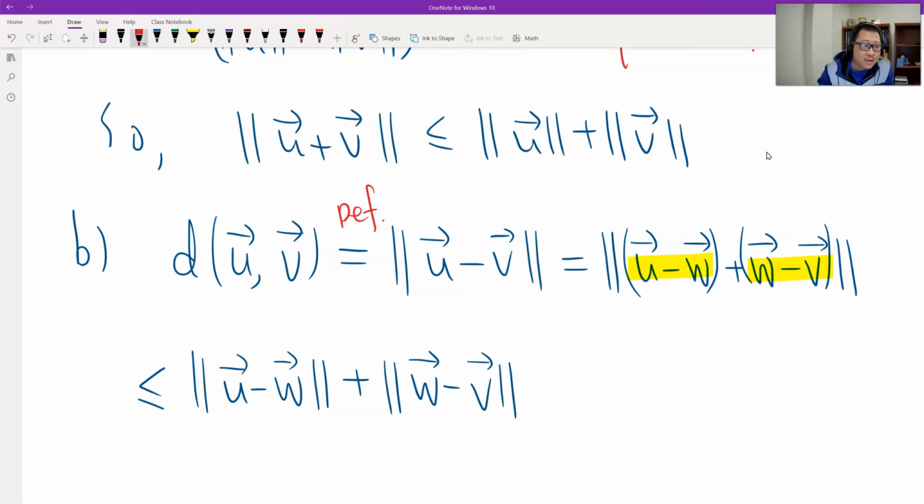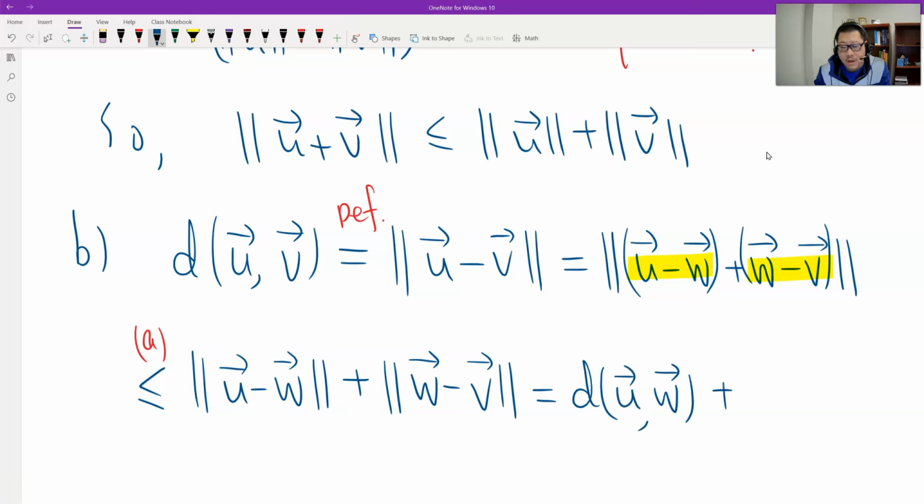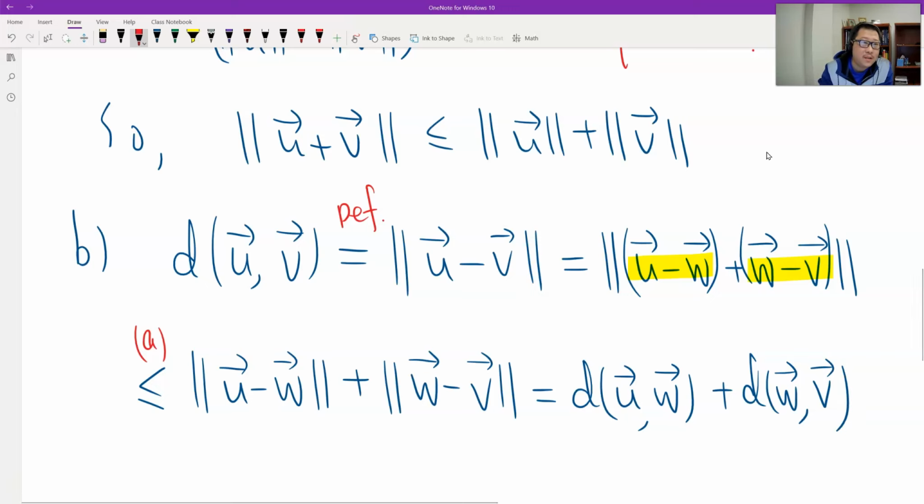This is just the result we proved in A. Then by the definition, this is the distance between u and w, the first, and the second is the distance from the middle point w to the last point b. See, this is the proof. That's all. Thank you.